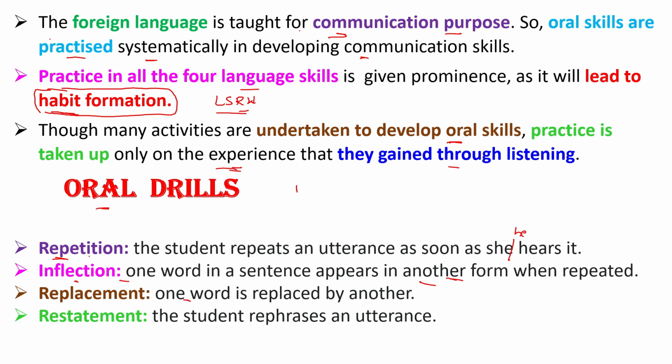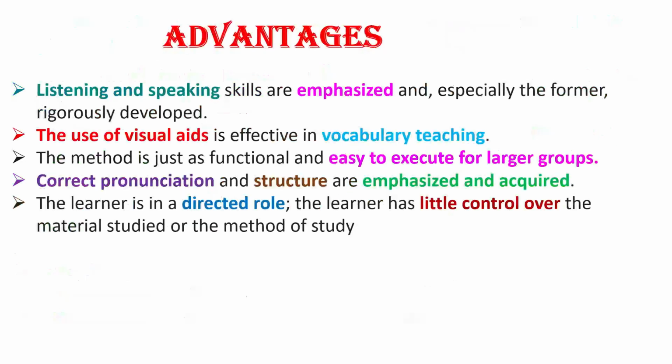Instead of "you," he changes, replaces the word. Did he come? So through this, the student can learn more. And restatement: the student rephrases an utterance. So they can give the restatements based on all these oral drills. The students can develop proficiency in the language.